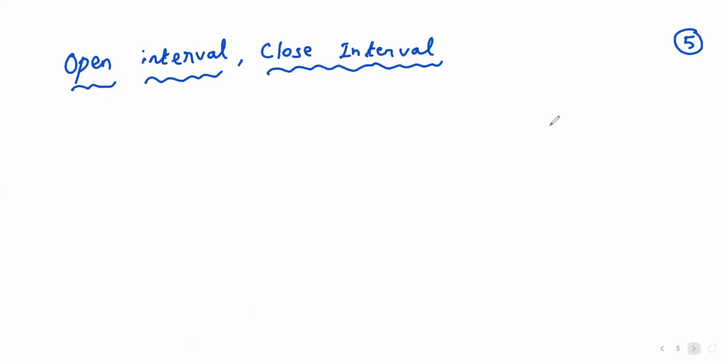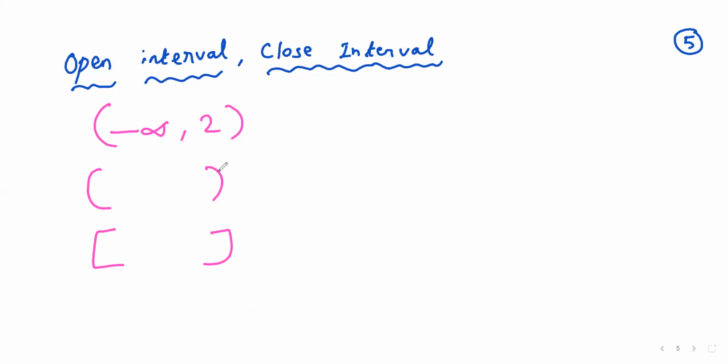What is that open interval? Now we have found the solution set for the previous question. The solution set, you said, is minus infinity to 2. You have given this bracket. What is that, ma'am? I'm going to teach you the difference between open interval and closed interval. This is open interval. This is closed interval.